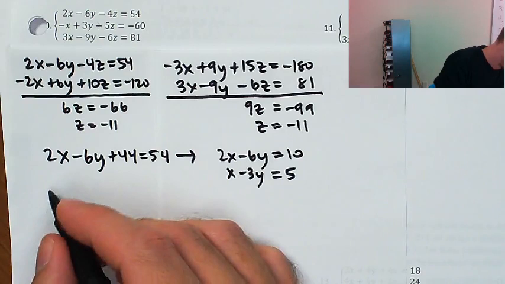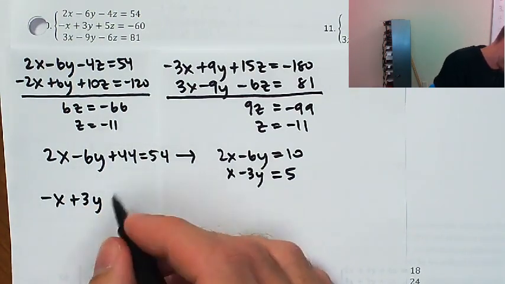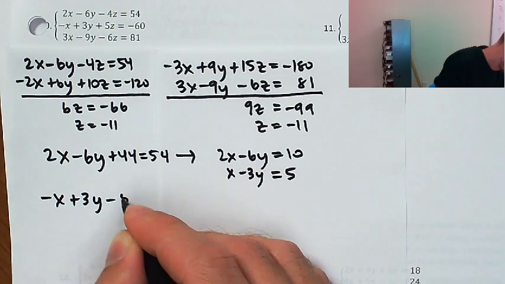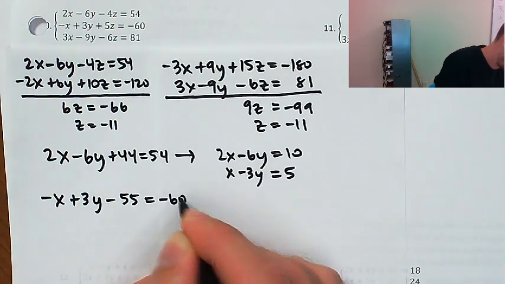Okay, then in the second equation, I've got negative x plus 3y plus 5z is minus 55. Yes, plus 5 times negative 11. That's equal to negative 60.